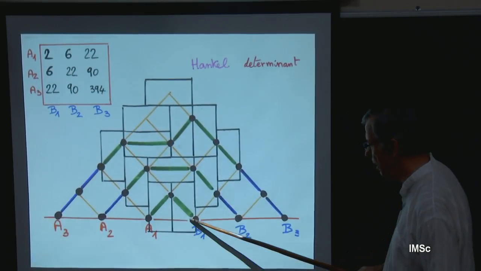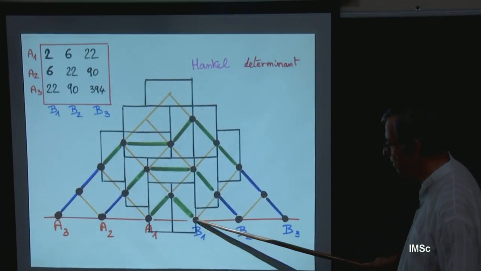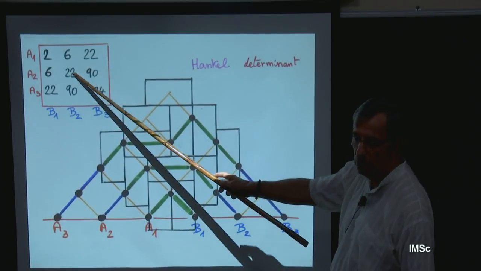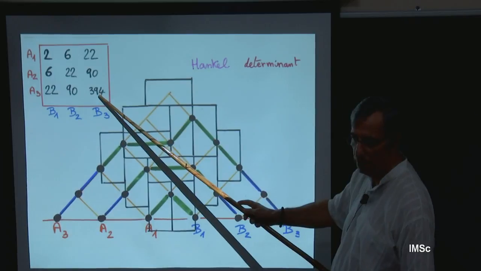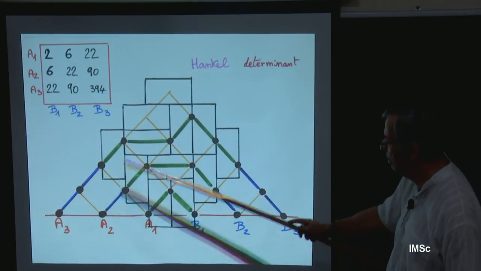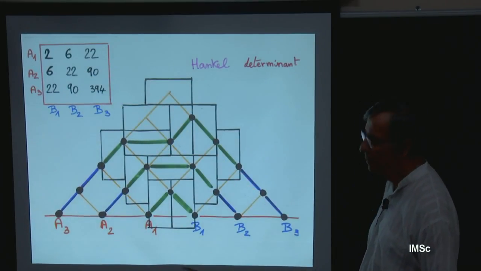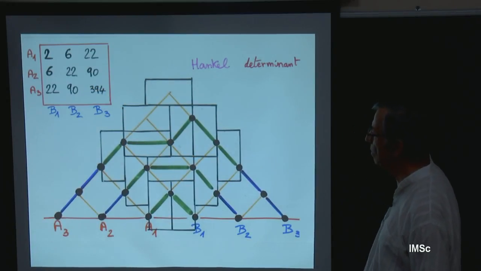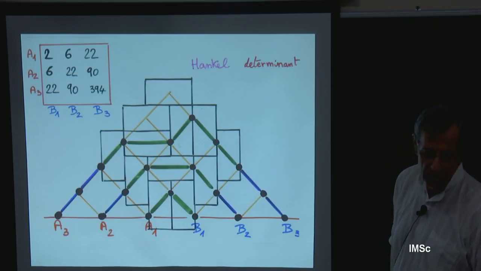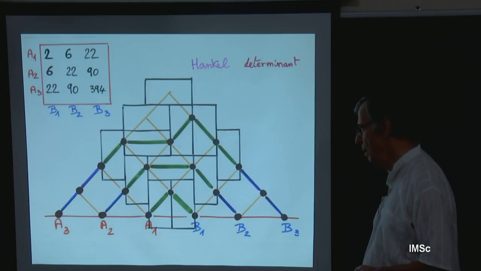So look here, between A1 and B1, there are only two paths. There is this Dyck path and the level path. Between A2 and B2, there are 22 Schroeder paths. Between A3 and B3, there are 394 Schroeder paths. And then you can check that because of the Hankel property, all the other coefficients, the coefficient ij, is the Schroeder number S_{i+j}, where S_n is the number of Schroeder paths of length.